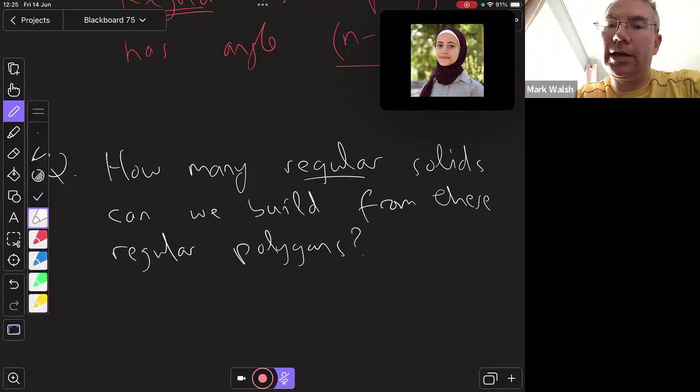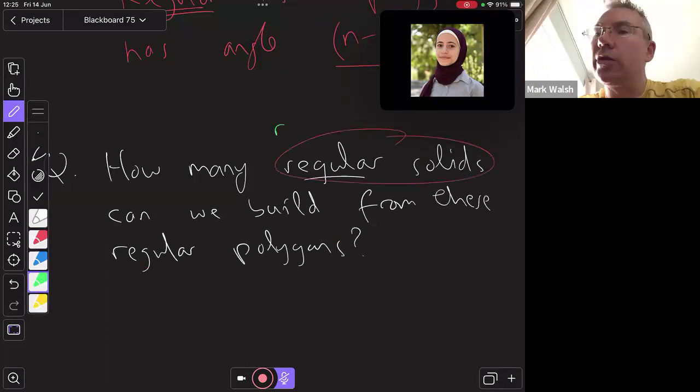I'll have to explain here what I mean by regular solid. There's another name for this: regular polyhedra. That's the fancy name.